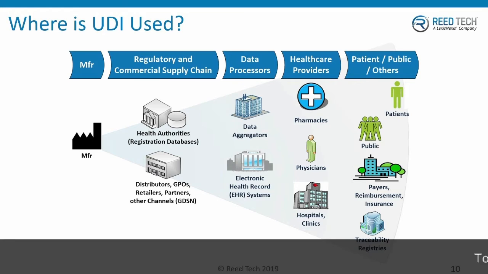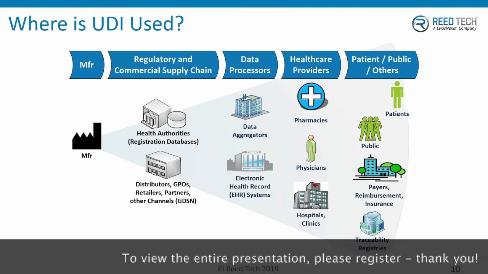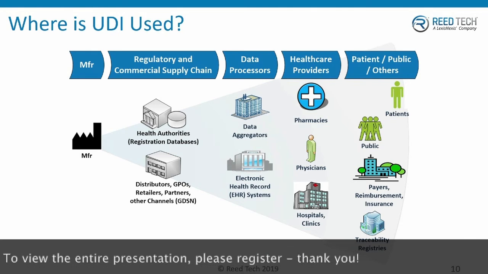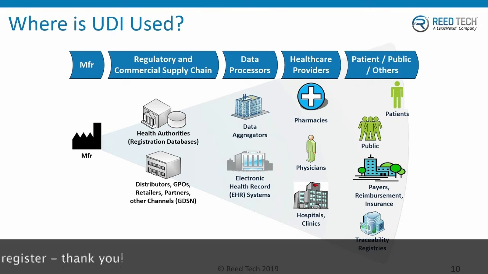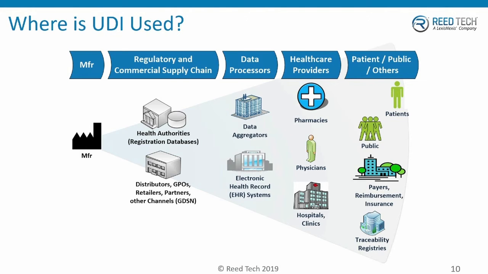And the other point I'll quickly make is that UDI may be a straight direct handoff for you to provide information to some of your customers, and also when you're reporting that information to health authorities as mandated and required to go into various databases.